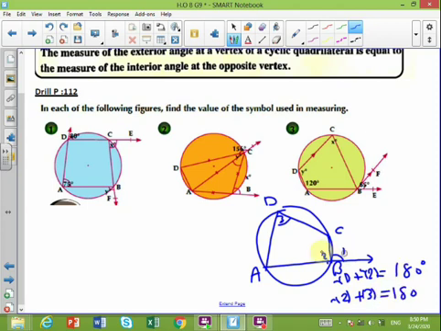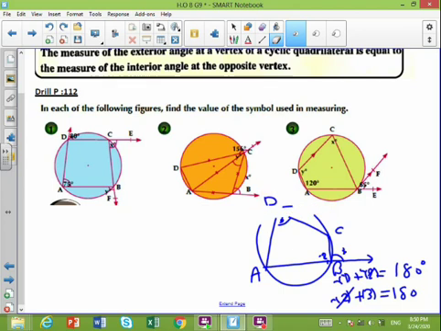So 1 plus 2 is 180, 2 plus 3 is 180. Right? So I can deduce from here that the measure of angle 1 will be equal to the measure of angle 3. If you subtract 2 from here and 2 from here, you will find that 1 and 3 become equal. That is the meaning of the corollary.